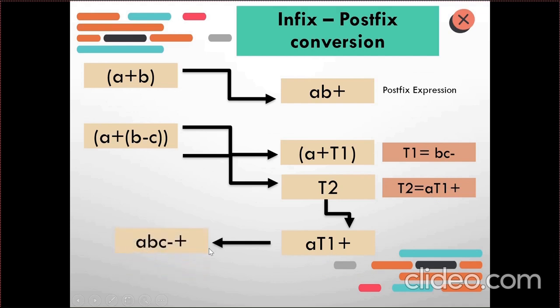Then a is a. What about t1? t1 is bc minus. So a bc minus came in place of t1, and this plus is representing the plus which was already there. So plus is plus. t1 was replaced by this bc minus, and a is a. So this would be your final postfix expression, right?